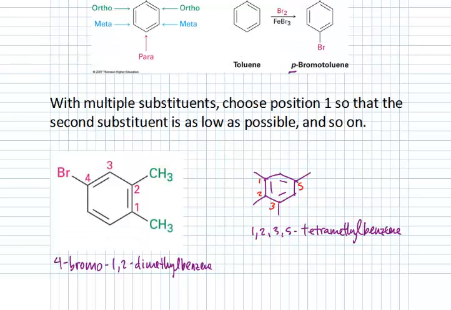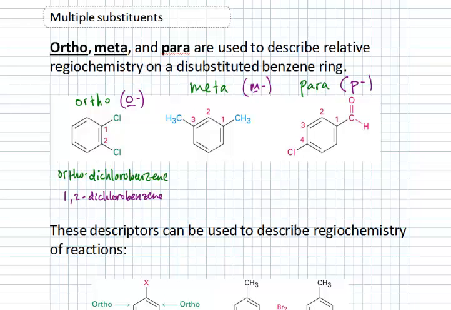So with that in mind, let's go back to our names that we had up here. 2 methyl groups that are 1,3 to each other. This could be called metaxylene. Or if we use IUPAC, 1,3-dimethylbenzene. We don't know the IUPAC method just yet to name compounds with an aldehyde like that, but I know a common name for a benzene ring with an aldehyde.